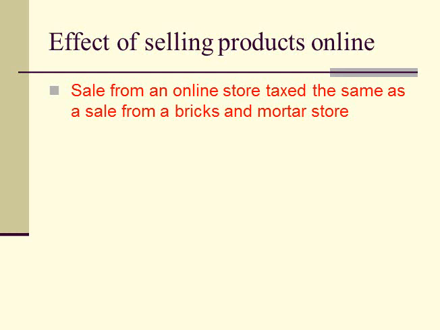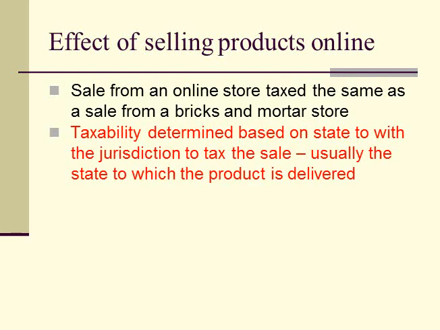A sale online does not change the character of a product and does not change its tax classification. The taxation of a particular product is usually determined based on the laws of the state with the jurisdiction to tax the sale. This is usually the state to which the product is delivered or the state in which the product is used.